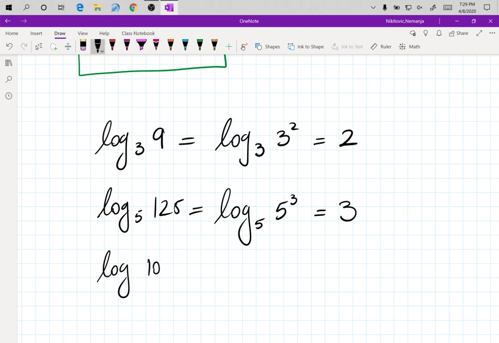Log of 10,000. So what do we know about log with no base on it? Waiting for the chat, and given the lag, I might be waiting for a long time. Yeah, there we go. Perfect. Log is base 10. Yes, log is base 10. So this means log base 10.